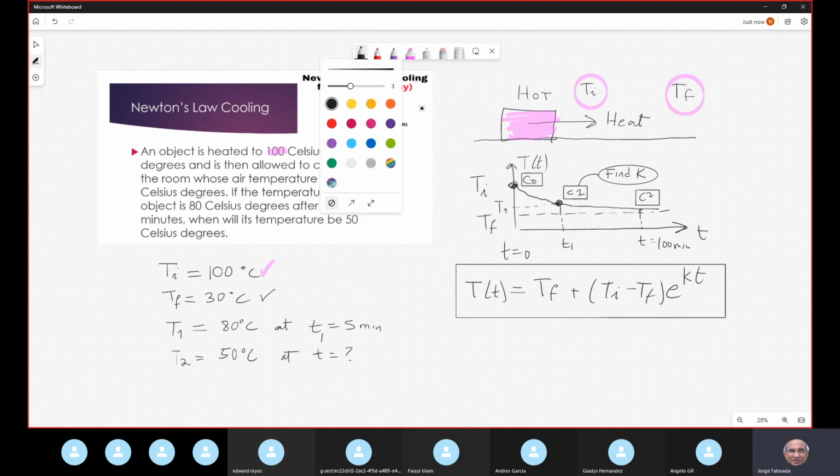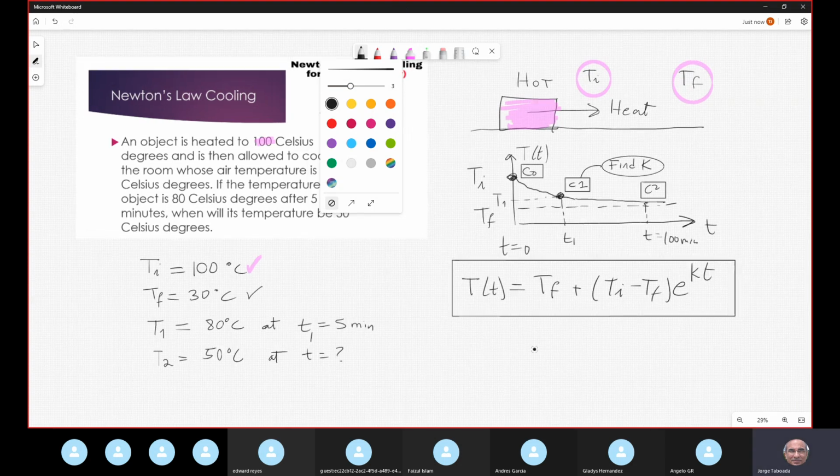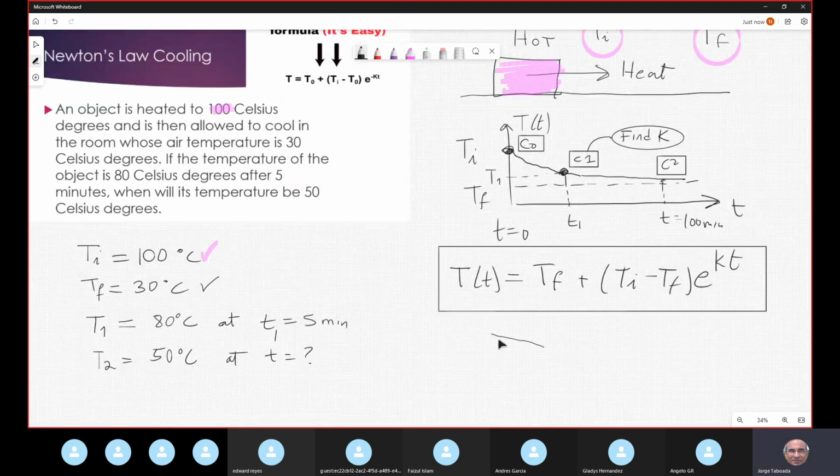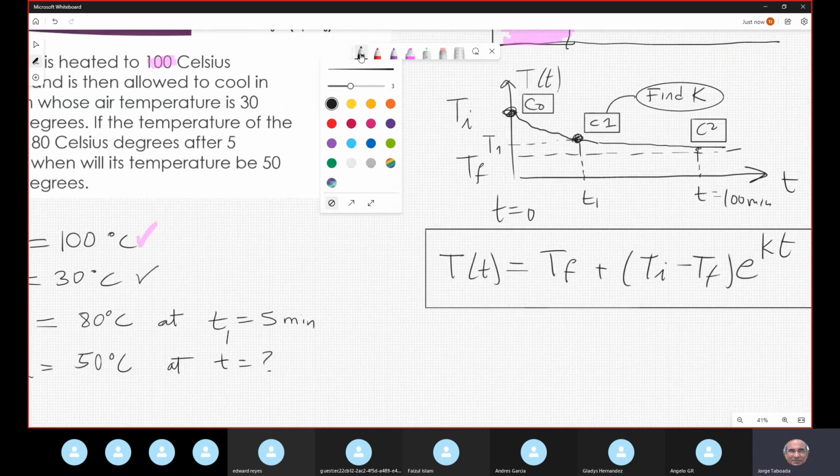Our specific condition 0 is given everything. Well, the final temperature is 30.